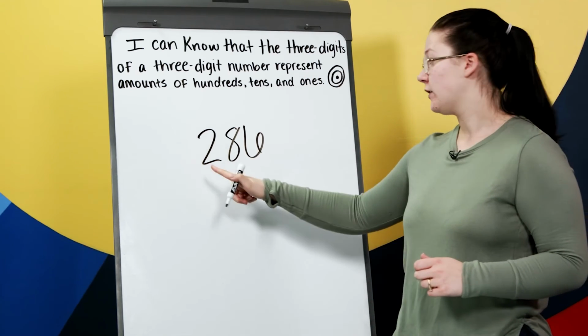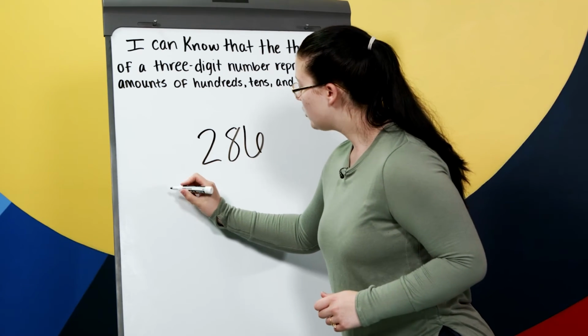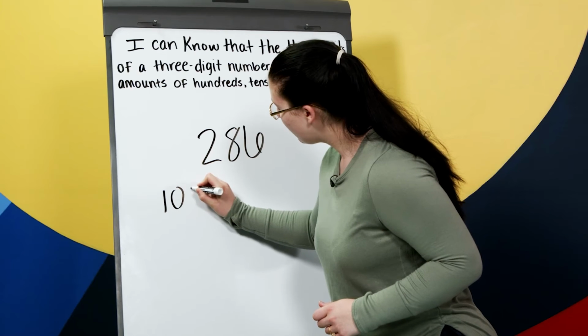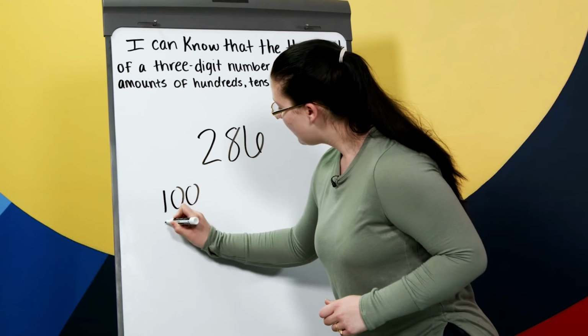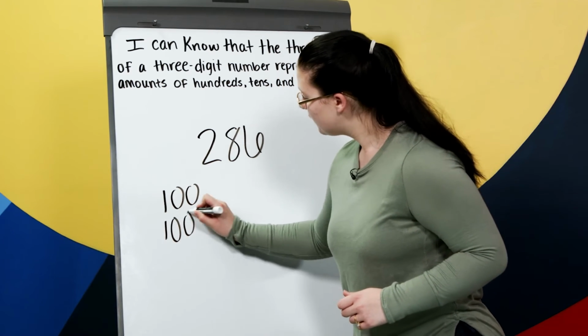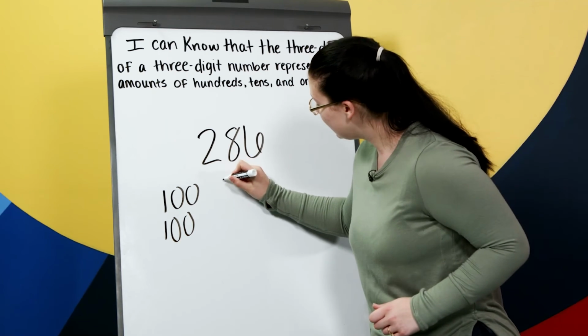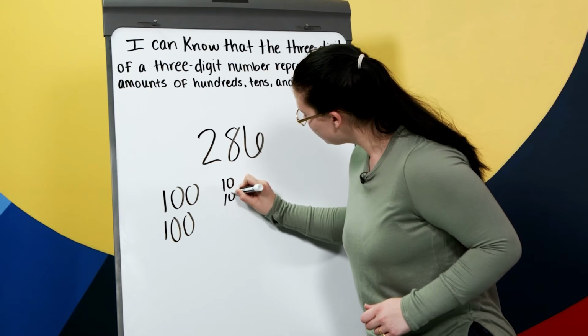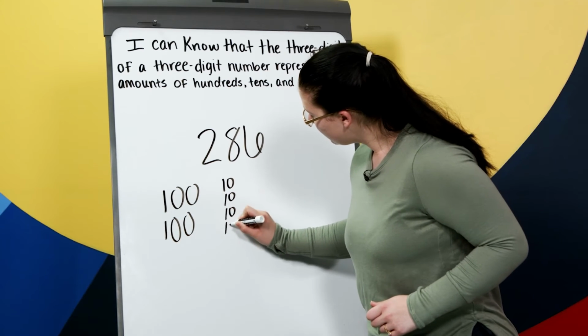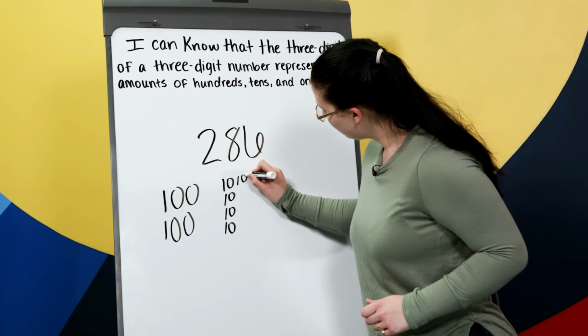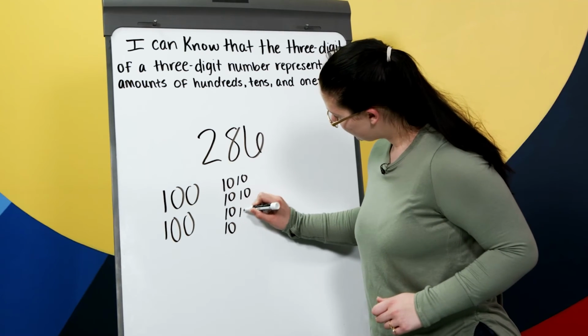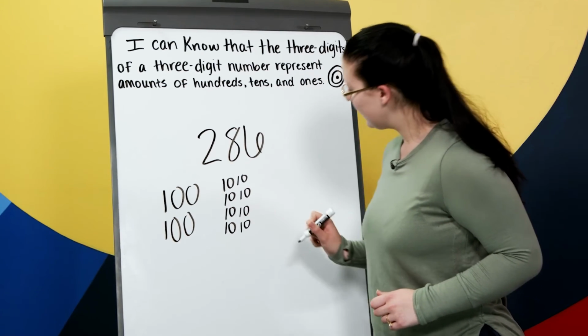So this 2 right here is going to be 2 hundreds. So I've got 100 and 200s. This 8, remember, is our tens. So we've got 8 tens. So I've got 1, 2, 3, 4. There's 40, 50, 60, 70, and 80.